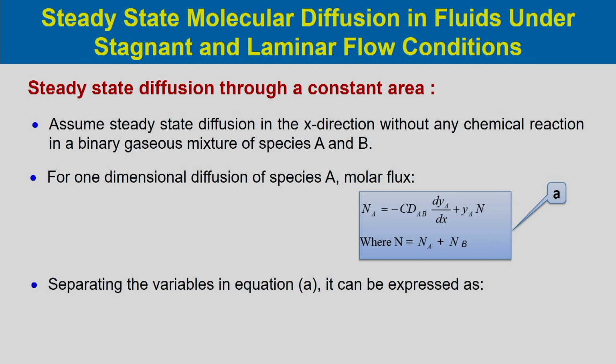Now, separating the variables in this equation, it can be expressed as minus dyA divided by (NA minus yA N) is equal to dx by C DAB. So, this is equation B.